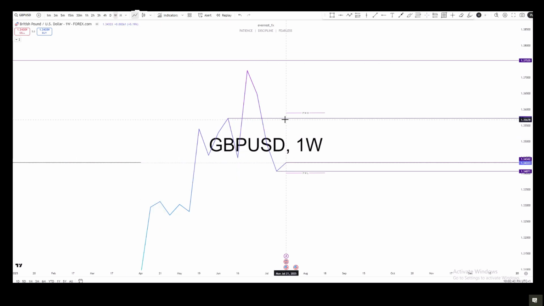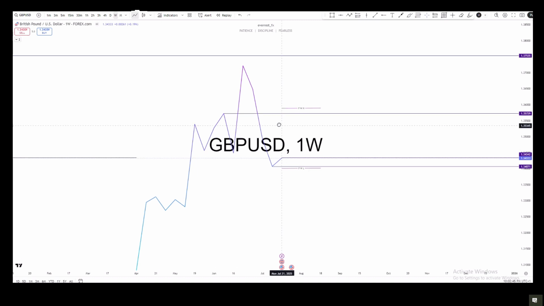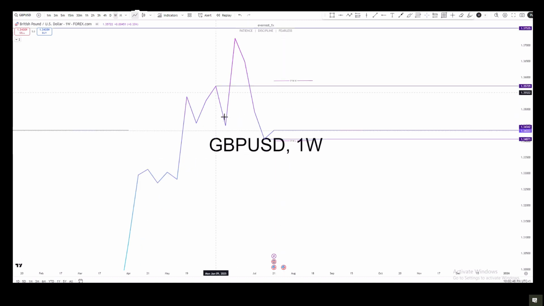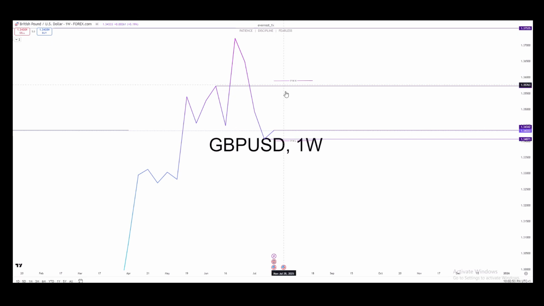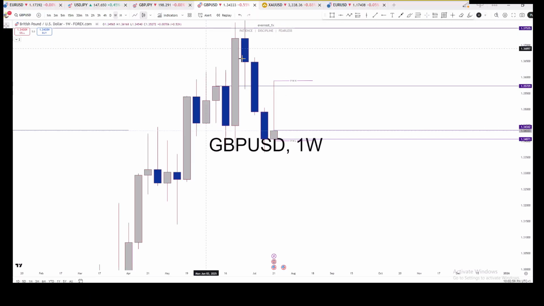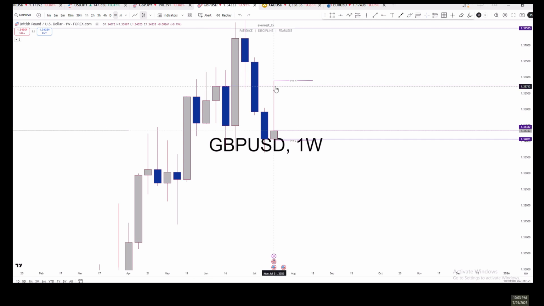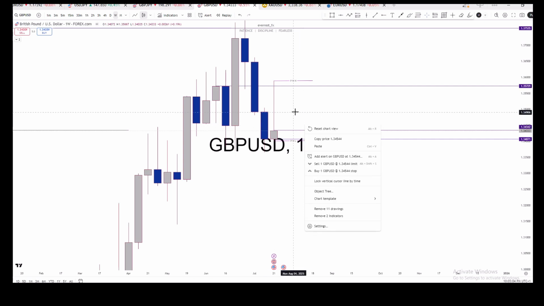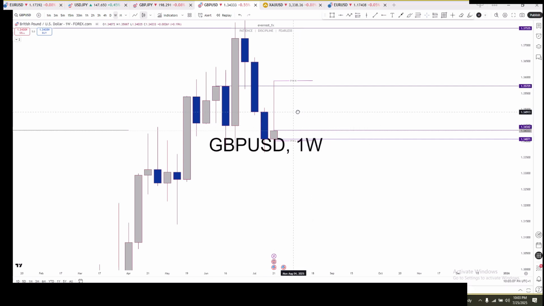I hope you see. This level where it's reacting to is the QMR. If you look at this very well, this is a change of character. This is a high, a low, a high, a low. And price has reacted to this previous high that it broke. You see? So eventually, what are we going to be expecting for this pair?